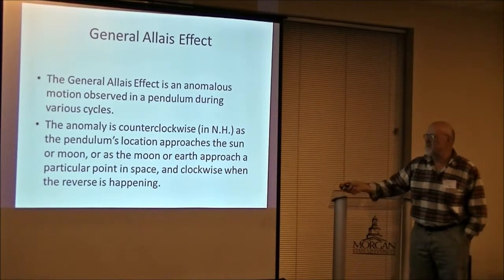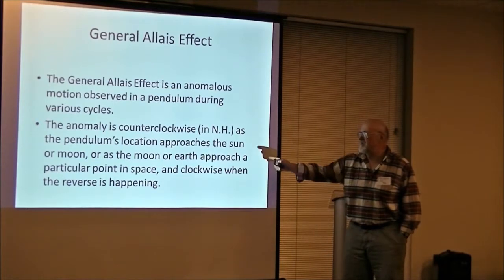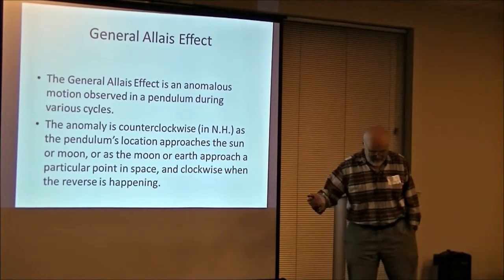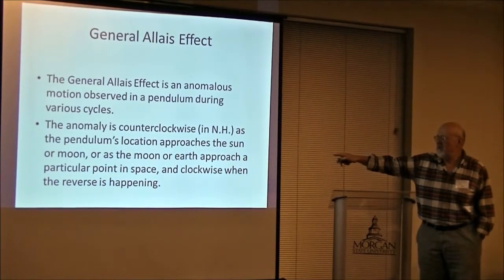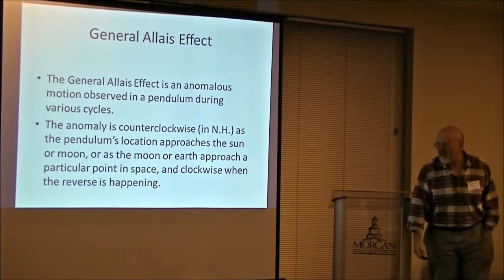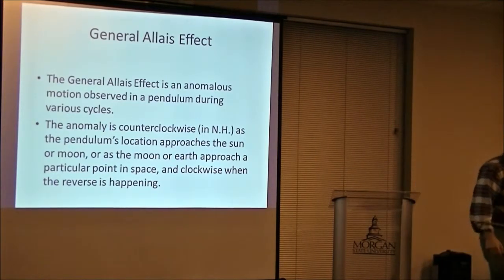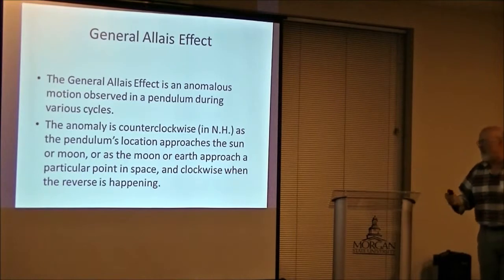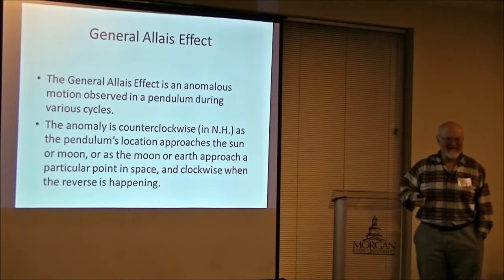In the northern hemisphere, the anomaly is counterclockwise as the pendulum's location approaches the sun or the moon, and you also get an anomalous precession as the moon or the earth approach a particular point in space. And clockwise, when the reverse is happening. That particular point in space, I believe, is fairly close to the vernal equinox. You know what I mean.